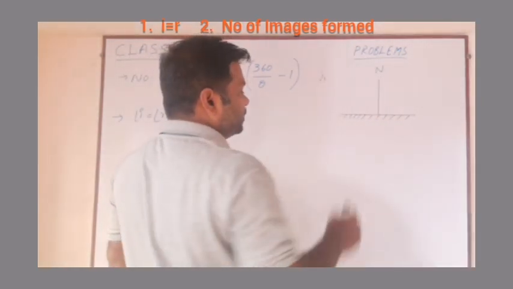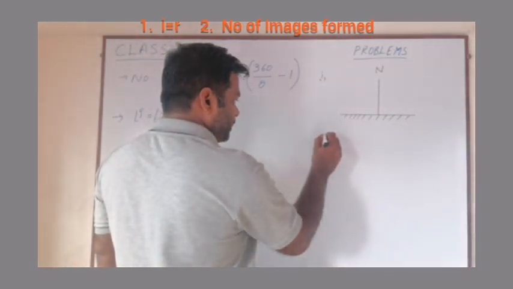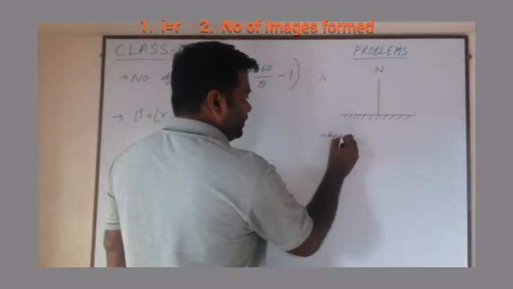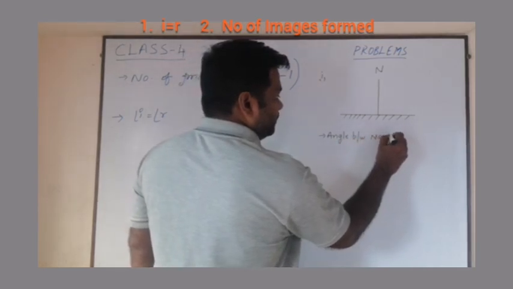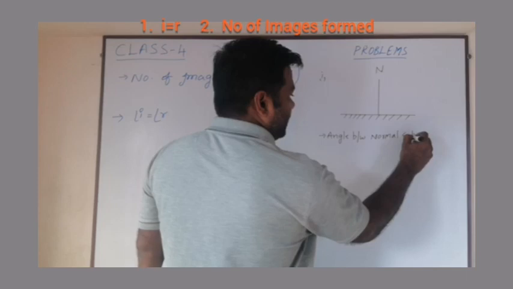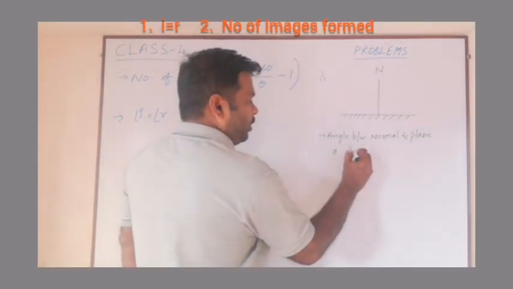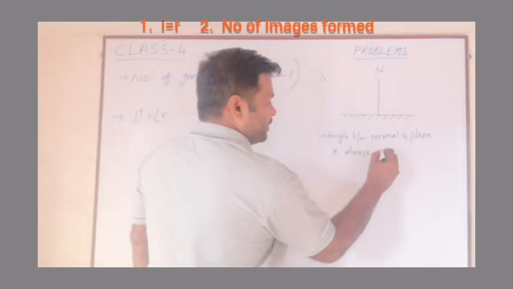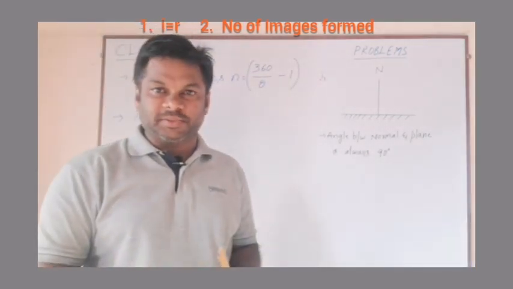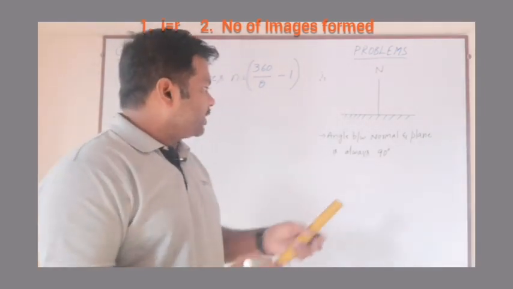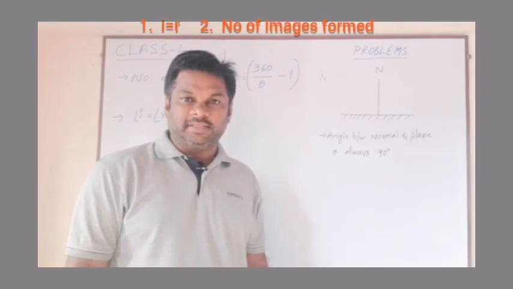First point, the angle between the normal and the plane is always 90 degrees. You can measure this with the help of a protractor also.